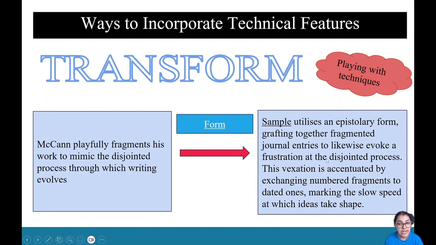But you can also transform it. So, for example, we can say that McCann playfully fragments his work to mimic the disjointed process through which writing evolves. And we can transform the form that is there, and say that the sample utilizes an epistolary form, grafting together fragmented journal entries to likewise evoke a frustration at the disjointed process.